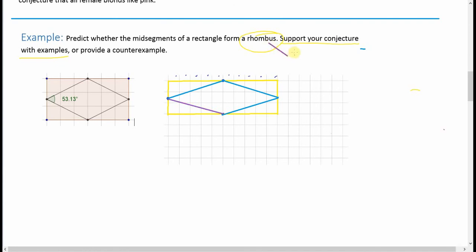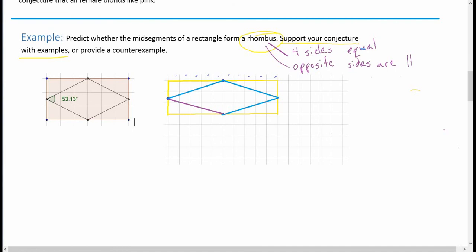A rhombus has all four sides equal. And we also know that opposite sides are parallel. There's a shortcut for saying parallel. We go like that. Opposite sides are parallel.